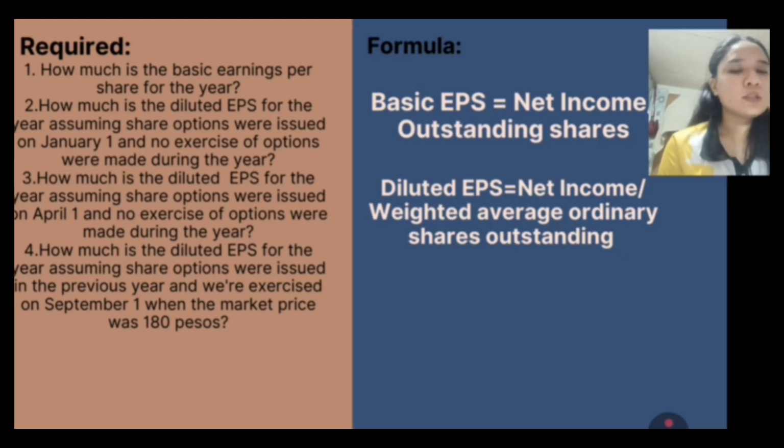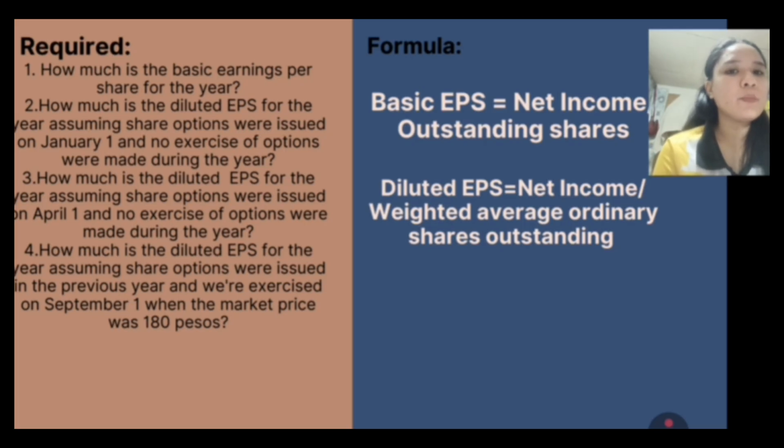The requirements: first, how much is the basic earnings per share of the year? Second, how much is the diluted earnings per share of the year, assuming share options were issued on January 1 and no exercise of options was made during the year?